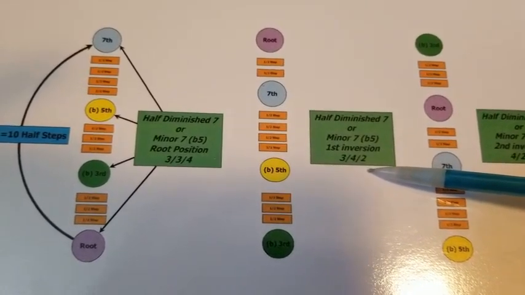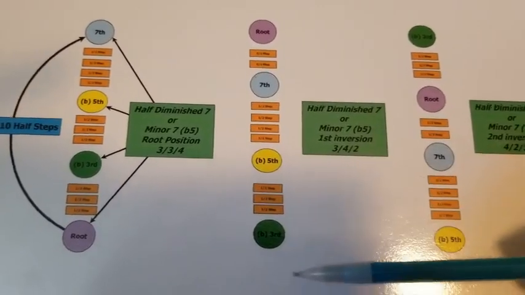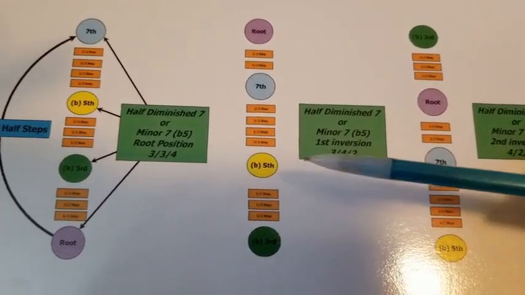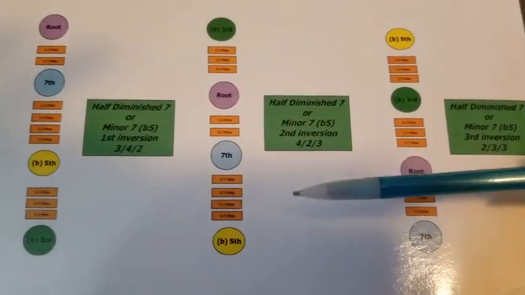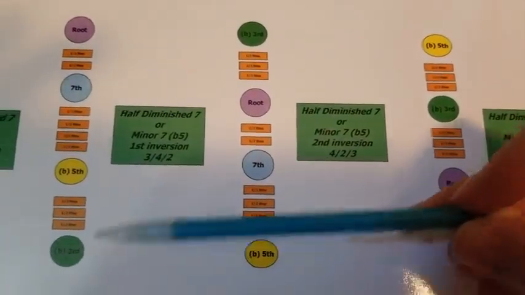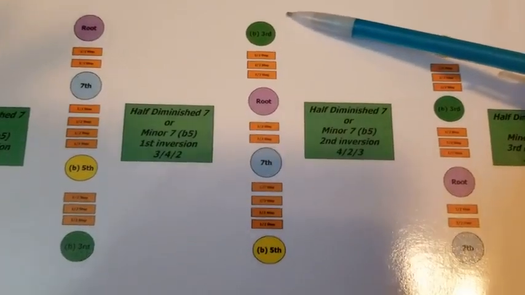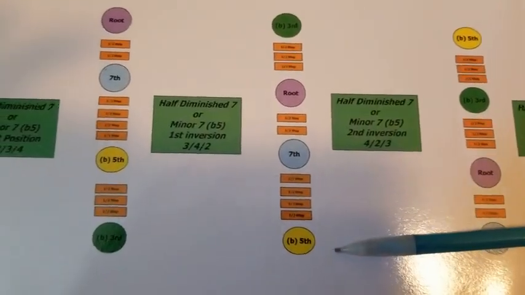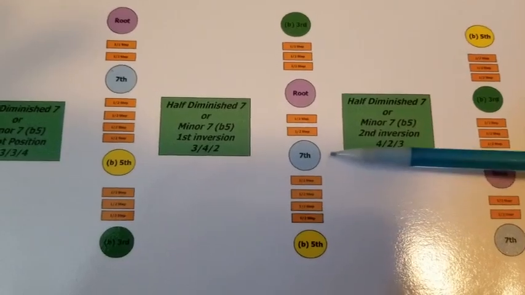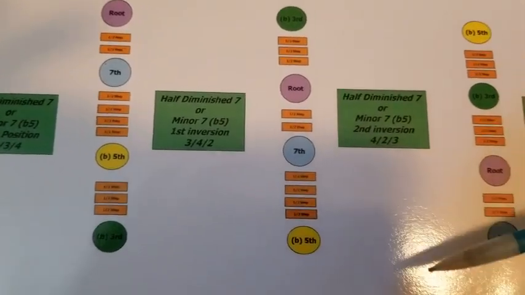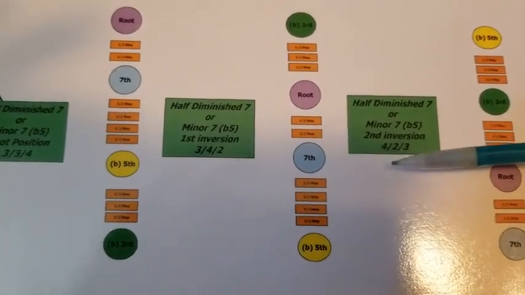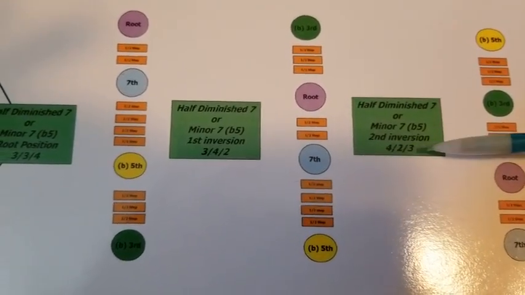Okay, again, first inversion is 3-4-2. Our second inversion is going to be taking the third up to the top. So we're going to have our flat fifth, and it's going to be 4, and then 2, 3. 4, 2, 3, in second inversion.